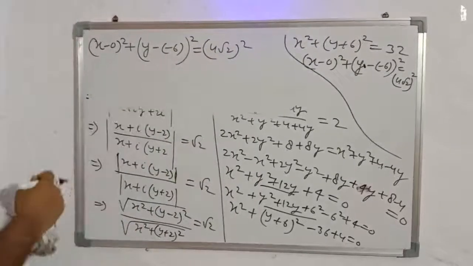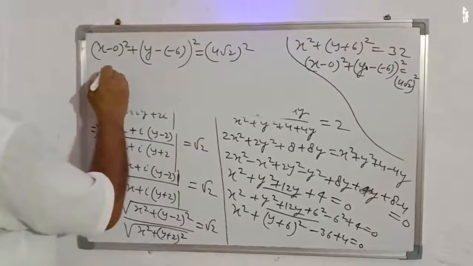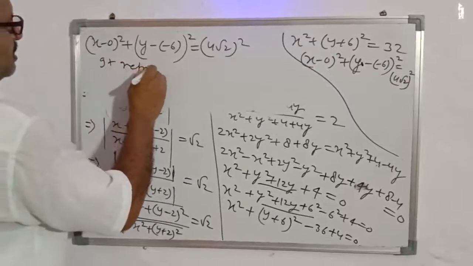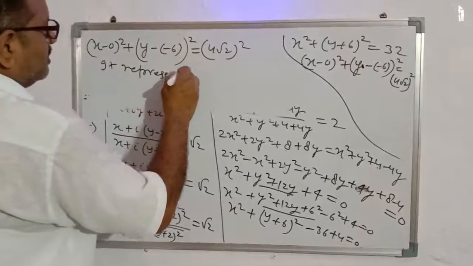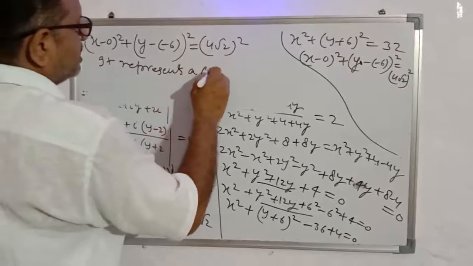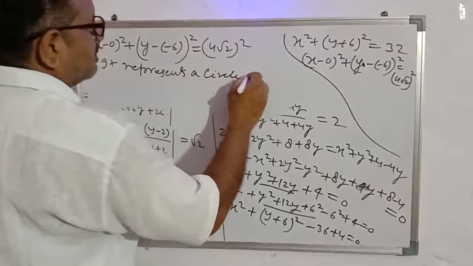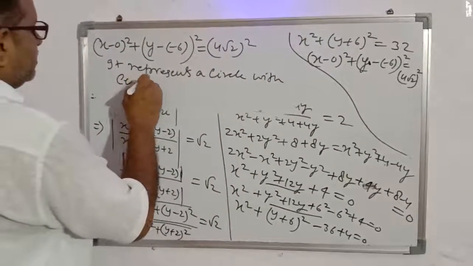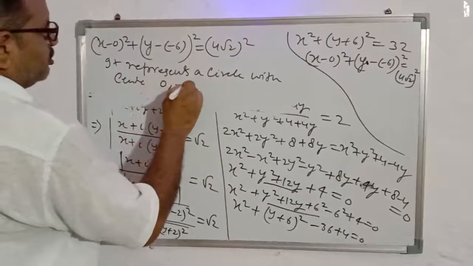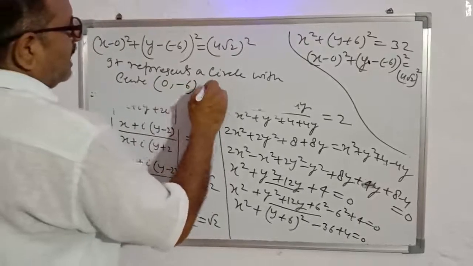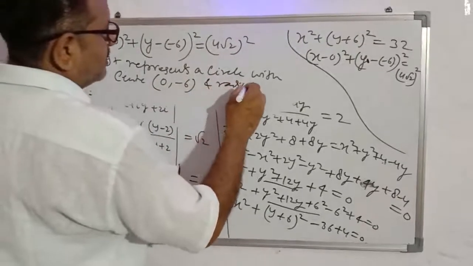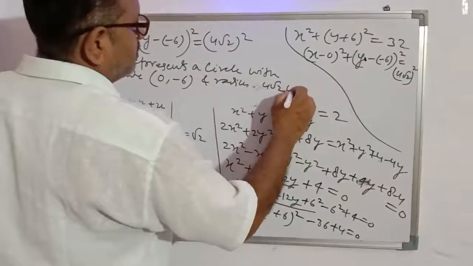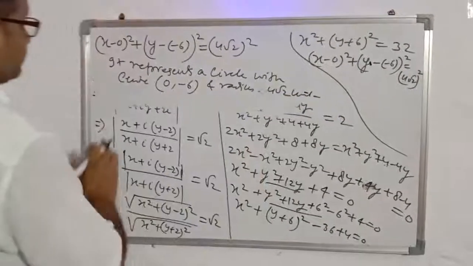What does it represent? It represents a circle with center (0, −6) and radius 4√2 units.